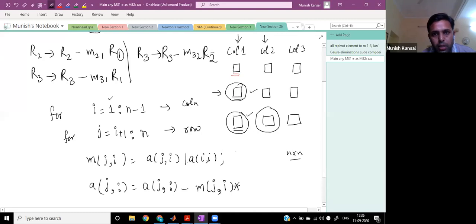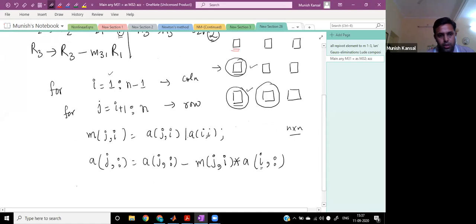Similarly here, this is the pivot row R2. So what should I write here? A of, yes, A of i comma colon. Why? Because this is the pivot, this is the pivot index, right? So here when I work with R2, this R1, this is my pivot. When I work with R3, your R2, this 2 is pivot. So this is the second command, right?